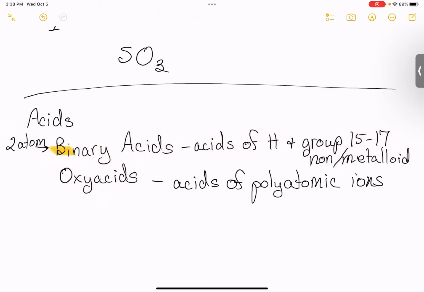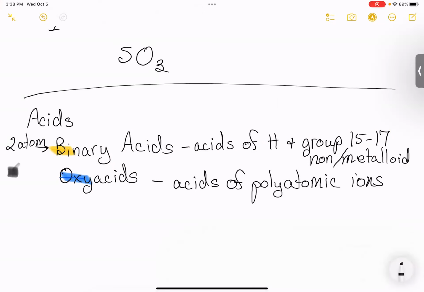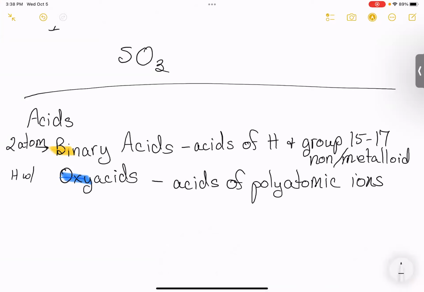And the oxy acids, the oxy is the giveaway, because it's going to be hydrogen with a polyatomic ion that has an oxygen in it. That's how they got their names.